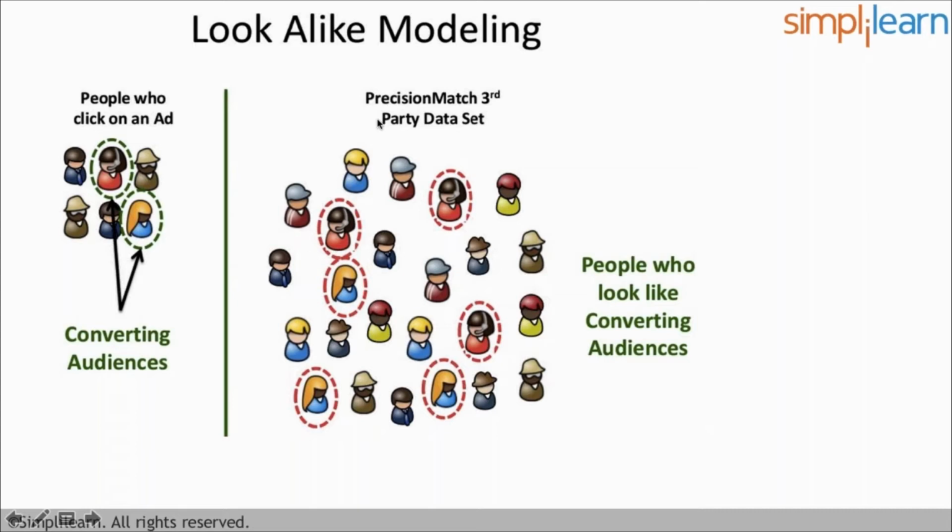I mean, quite many things are being looked at, and on the basis of the traits which were common in the converting audience, similar traits are being searched across the entire Facebook user base, and the people who have got similar traits to the ones who got converted earlier are being pulled out.